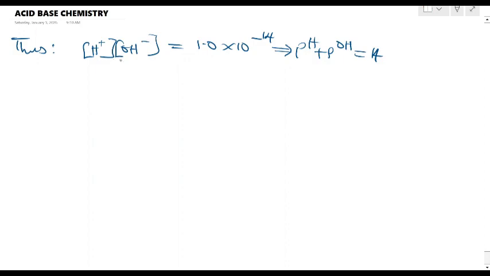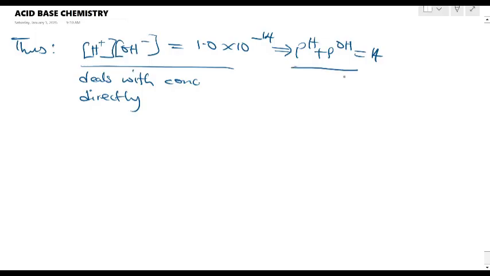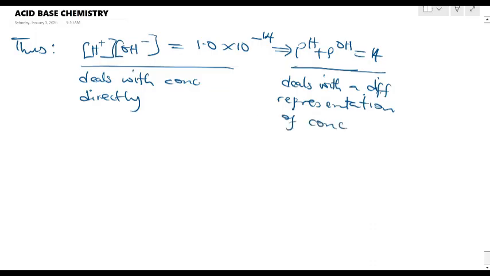The whole of this deals with concentration directly, while pH plus pOH, as seen here, deals with a different representation of concentration.